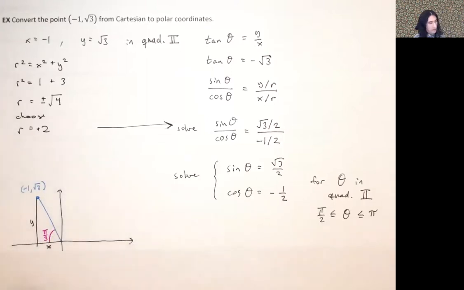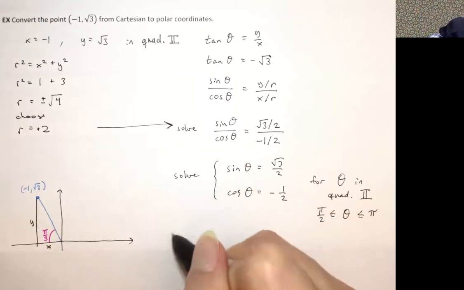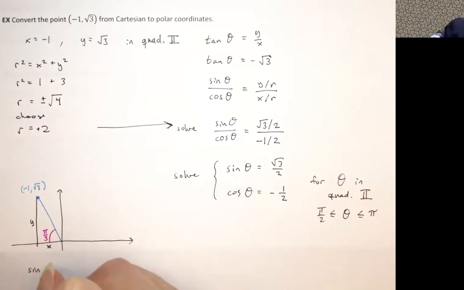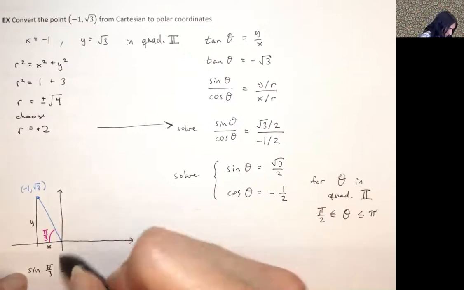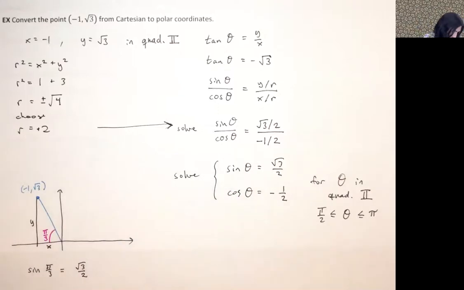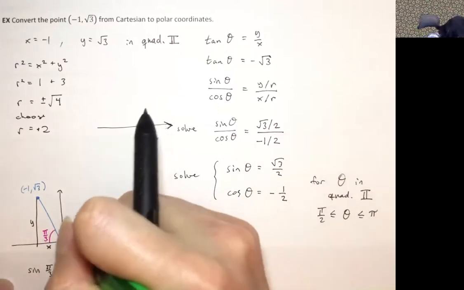Okay, now our x value is actually negative though. Okay, so instead of just saying sine of pi over 3 being equal to √3 over 2, instead we want to move that to be in the quadrant that we're after, quadrant 2, because the pi over 3 is really talking about this triangle right here.